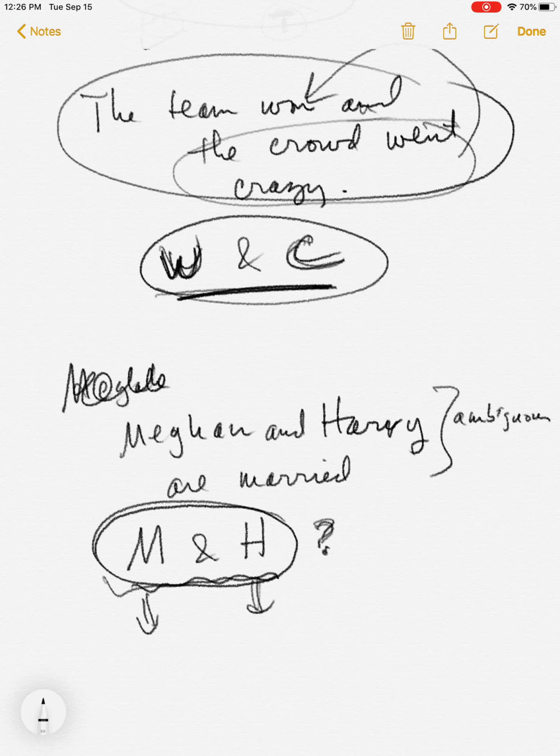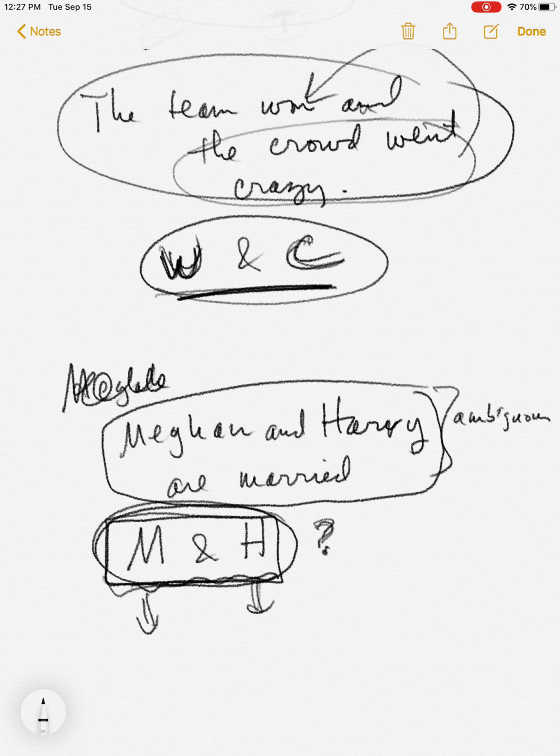Or it could be the case that they're married to one another. But what we can't get, this does not get at what most likely we intend by this sentence, namely that not only is Megan married and Harry's married, but they're actually married to one another. Okay, so this doesn't quite do it.